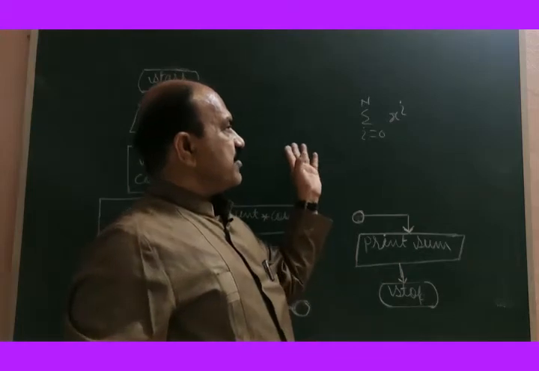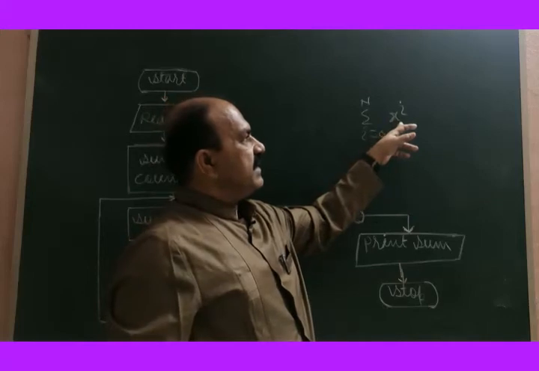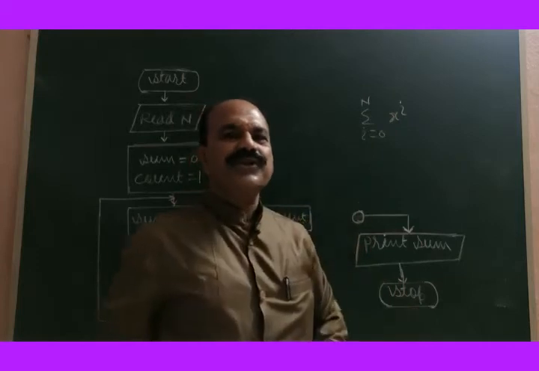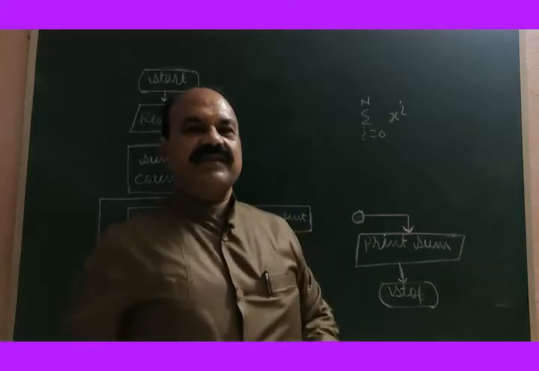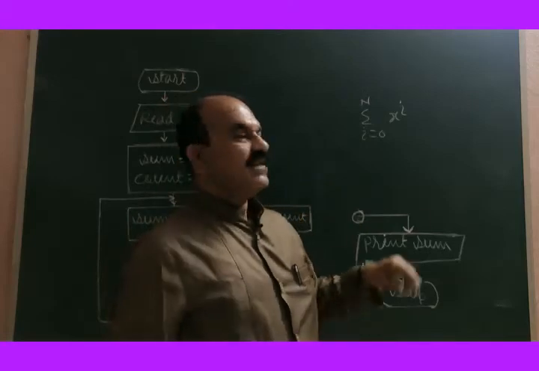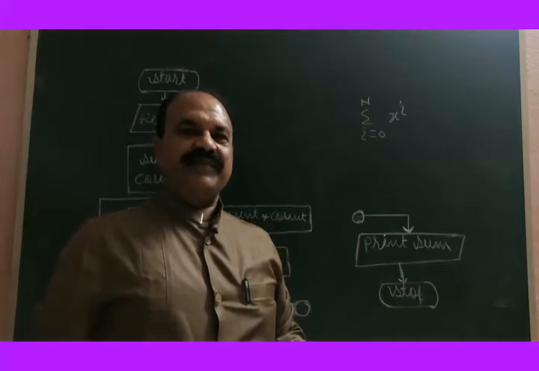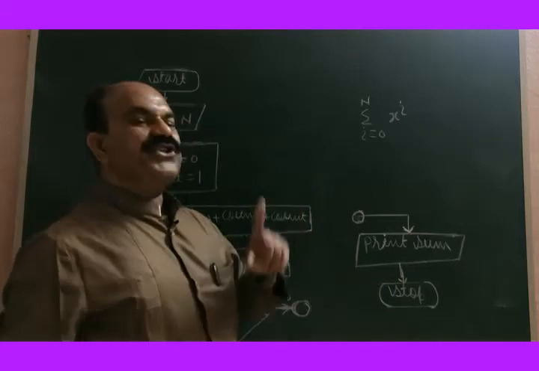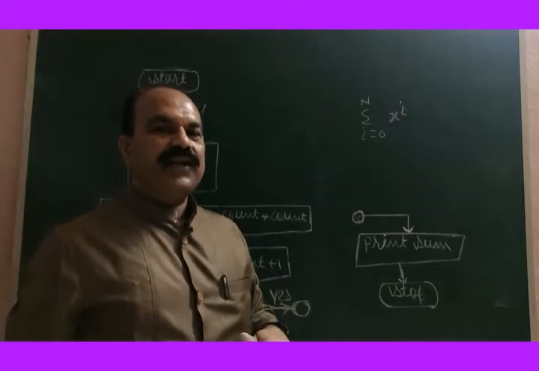Earlier the series was summation of I is equal to 1 to n, some variable count was taken here, count square. It was the earlier series for summation. Now the series for summation is sum is equal to 0 to n x to the power I. You are asked to write an algorithm and flowchart for this series. How will you write the algorithm and the flowchart?